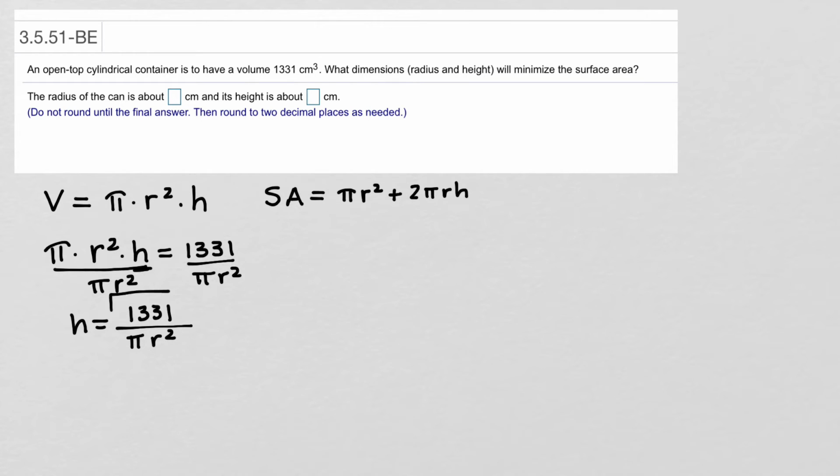So I'm going to take this expression and replace the h in the surface area formula with that expression. So that means that the surface area is pi r squared plus 2 pi r times 1,331 over pi r squared.